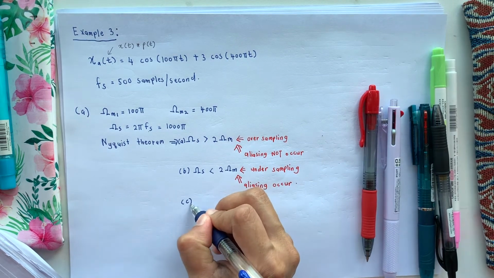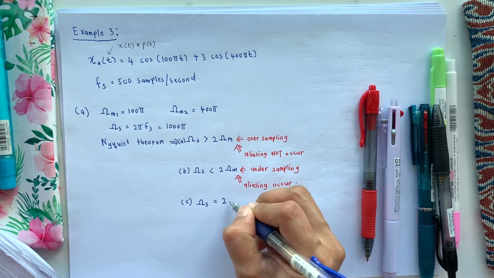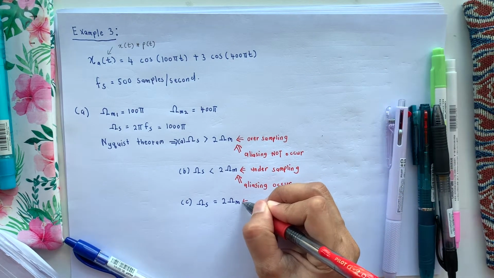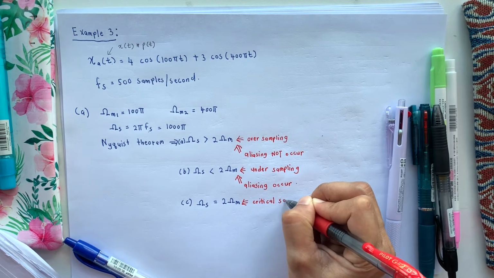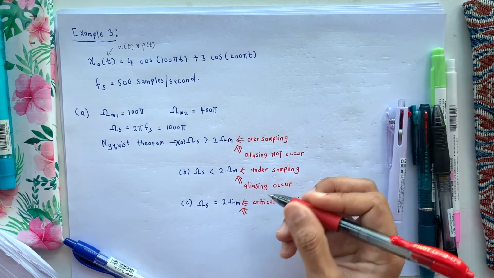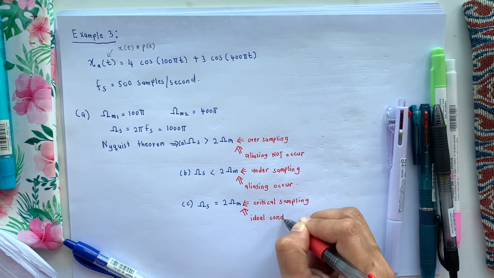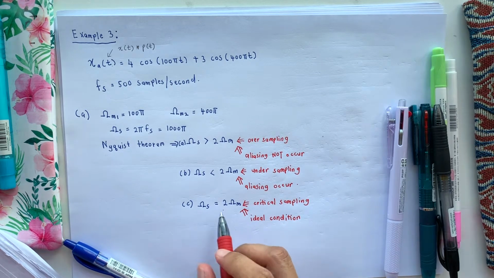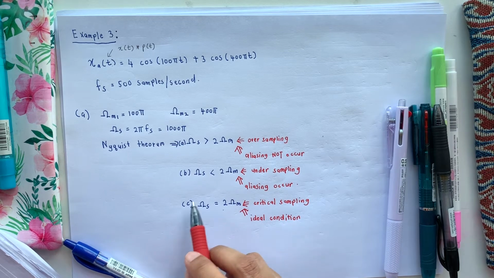Then we have the third condition, ωs equal to 2ωm. This condition is critical sampling. Basically this is considered the ideal condition, because your ωs value is equal to 2ωm. That's why this is considered condition C, the ideal condition.